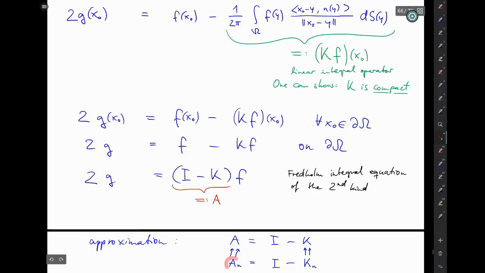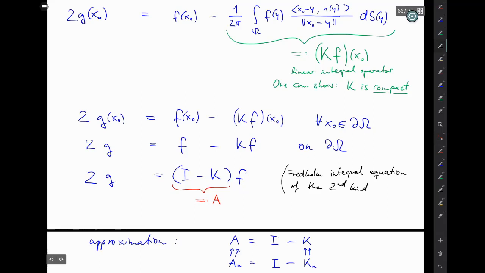So this sequence will be stable, it will be applicable. And of course, what is typically done to define these approximations K_n is to take your integral here and discretize that in a nice way, by summations and finite expressions.